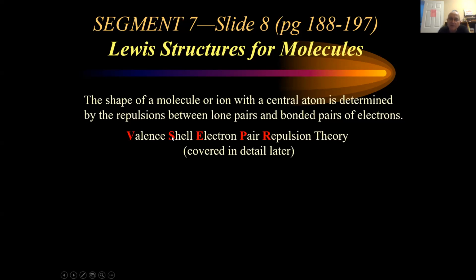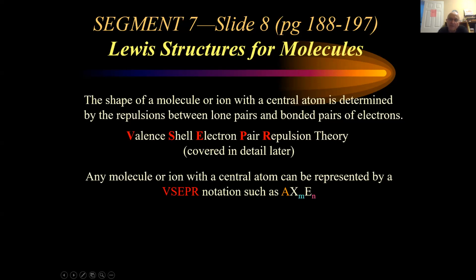It's called valence shell electron pair repulsion theory, and we will go into great detail later on, but we need a part of it now, and we will delve really, really deeply when we get to Gen Chem 2. All right, the VSEPR notation is AXnEm.